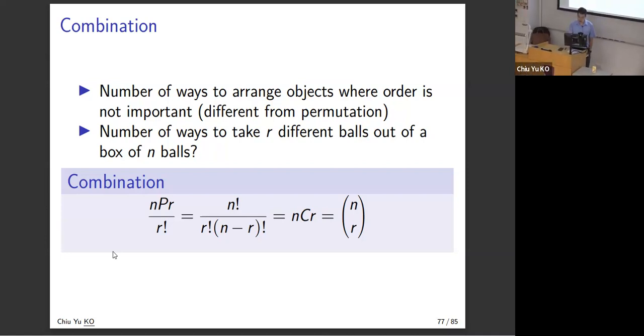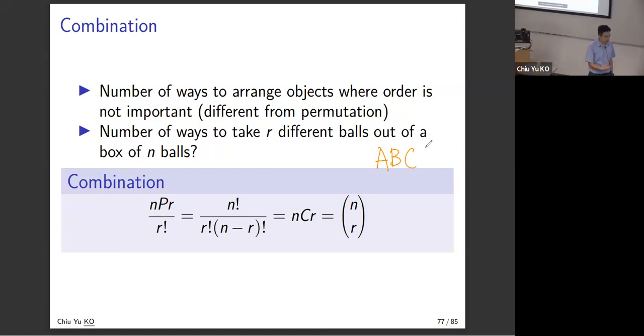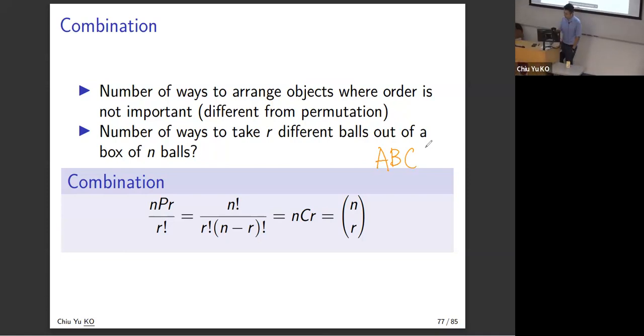Let's consider an example. Suppose we have 3 persons, A, B, and C, and we're going to choose 2 of them to participate in some competition, right?